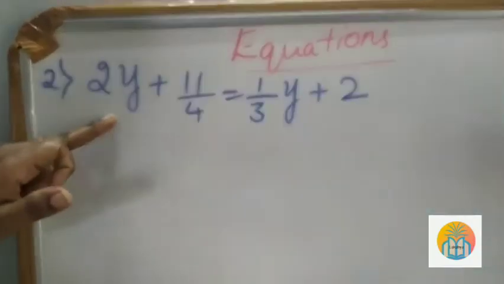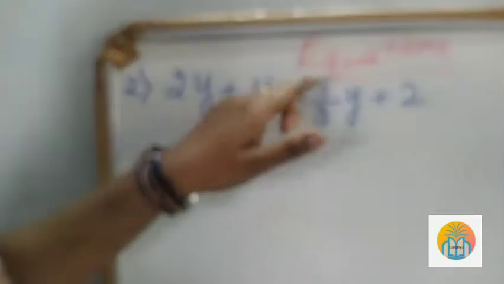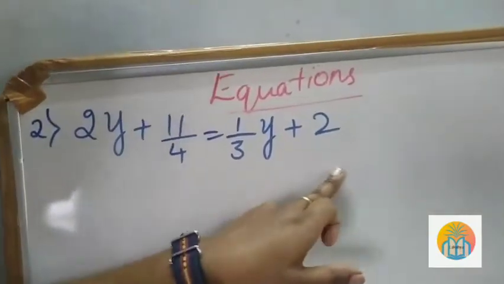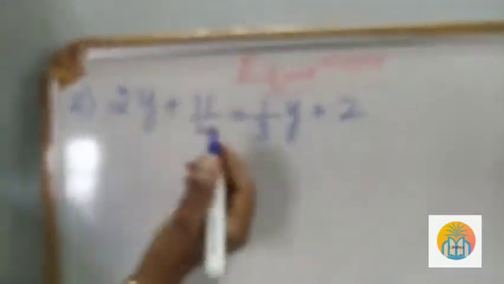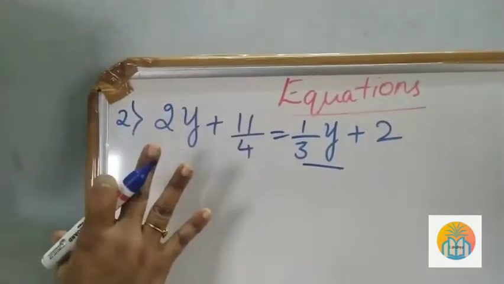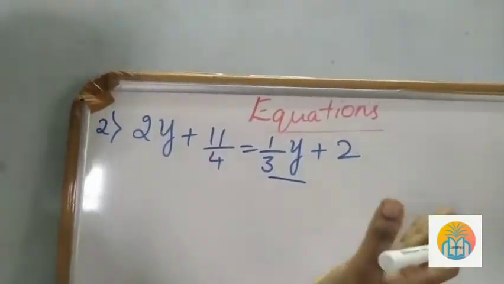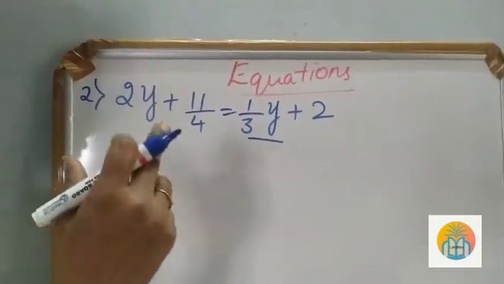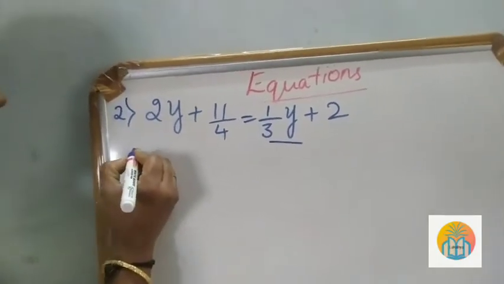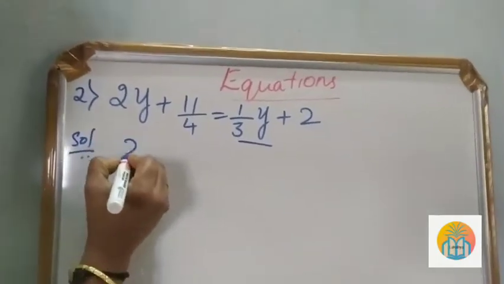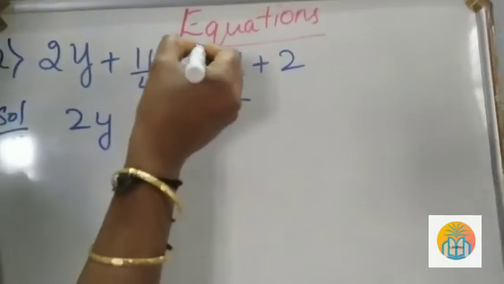It is 2y plus 11 by 4 is equal to 1 by 3y plus 2. Fine. Now we have to shift the variables towards one side and the numbers towards the other side. This is called transposing. Now I write the solution: 2y as it is towards the left side, and I shift this 1 by 3y.